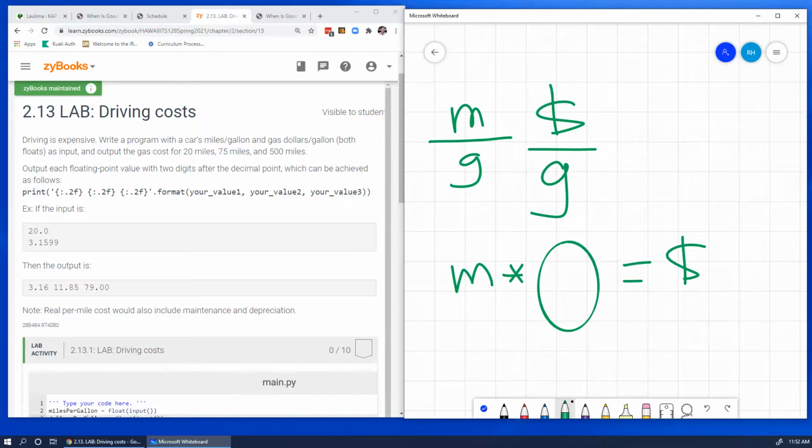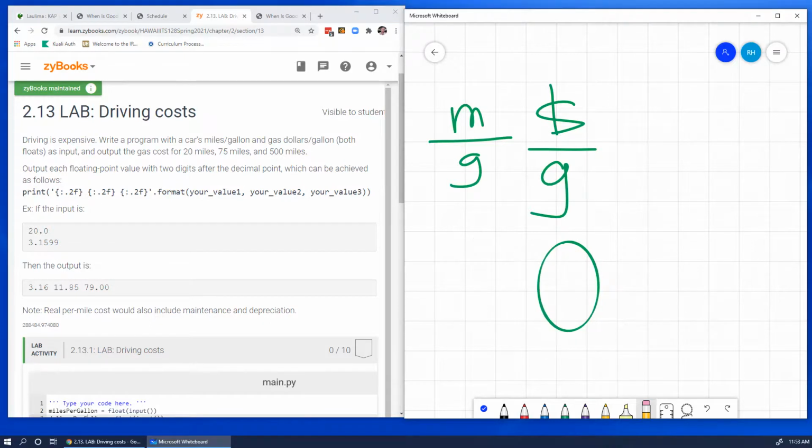Hold on here. Dollars per gallon. So take dollars per gallon and divide by miles per gallon.